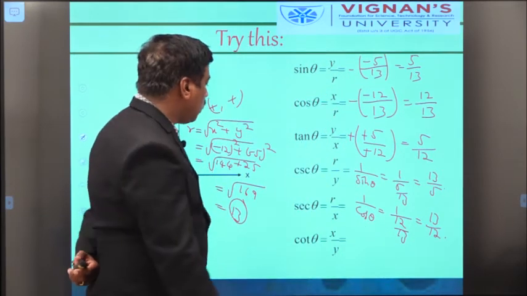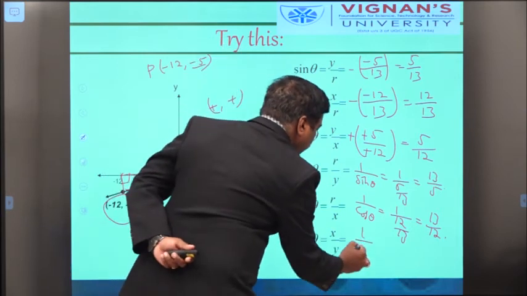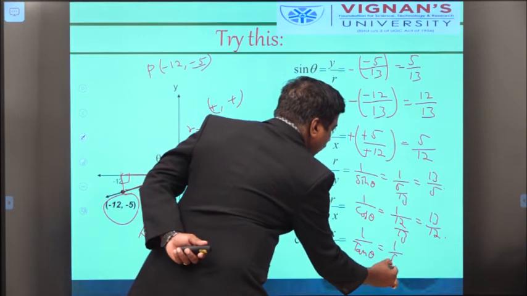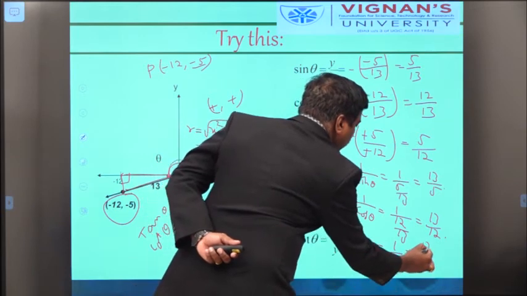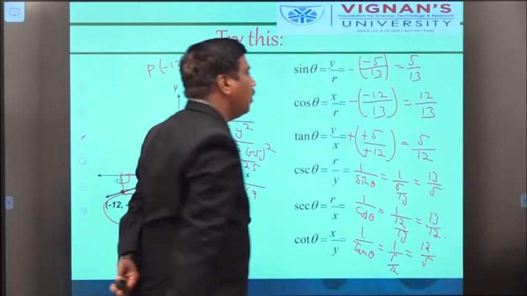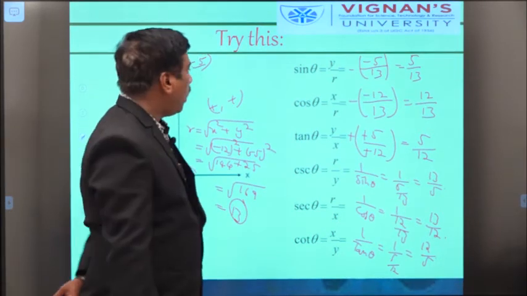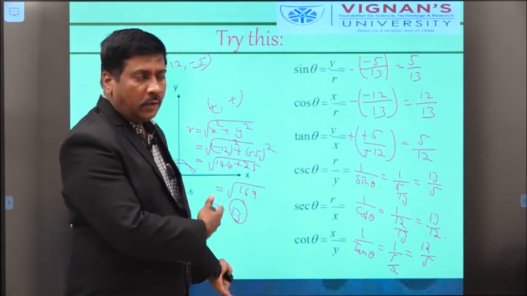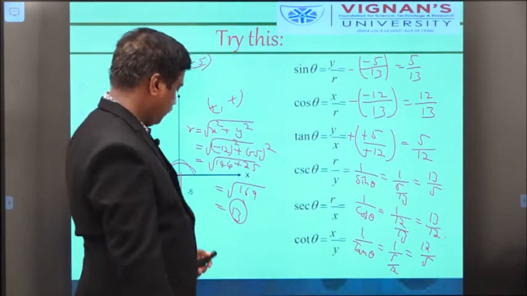And cot theta is 1 by tan theta, 1 by 5 by 12, which equals 12 by 5. Likewise, we evaluate all the trigonometric ratios from the given conditions.